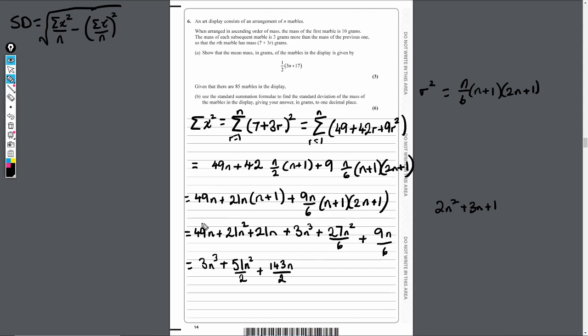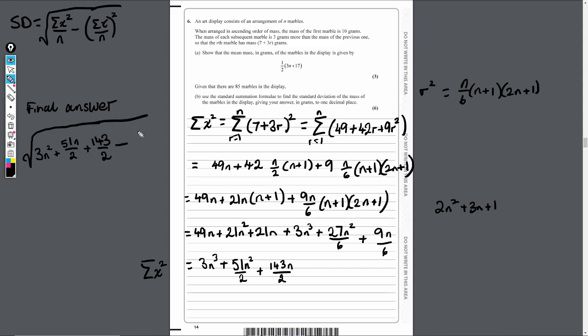Now we can use the formula for the standard deviation, this formula here. Remember, this is your sigma x squared, so we're going to have to divide this by n in the formula. So if I use the formula now, I'll do it over here, for the final answer. The square root of sigma x squared over n, so that's going to be 3n squared plus 51n over 2, and then finally 143 over 2.